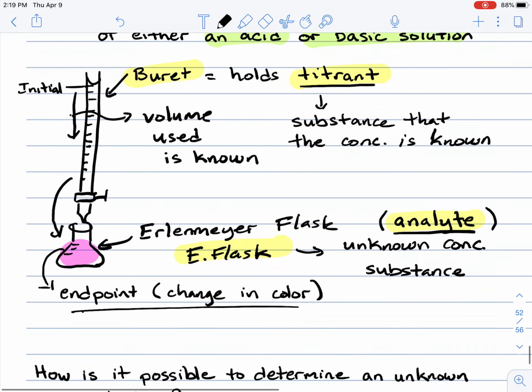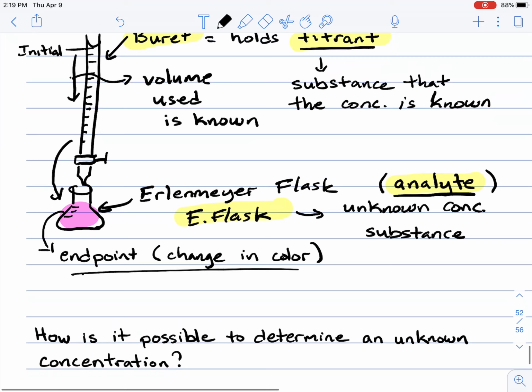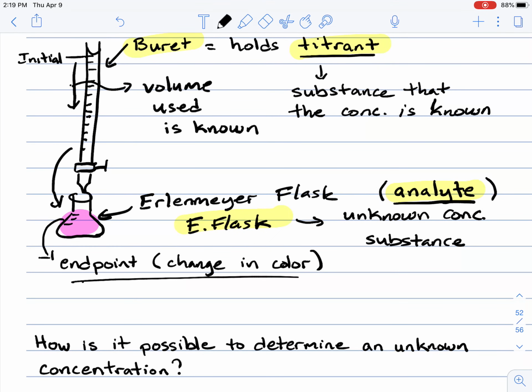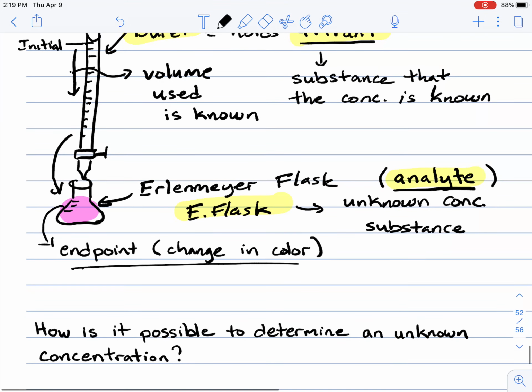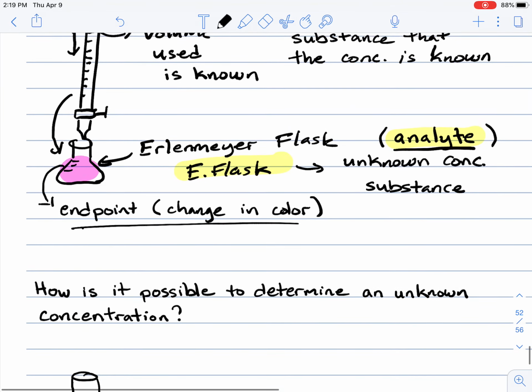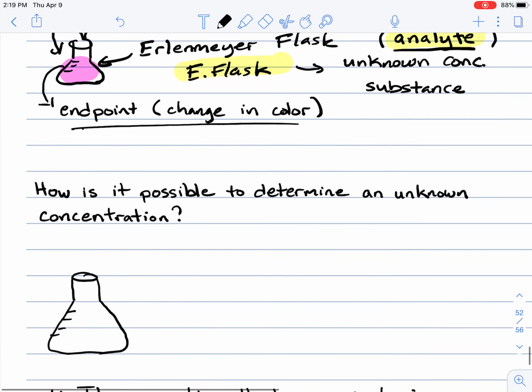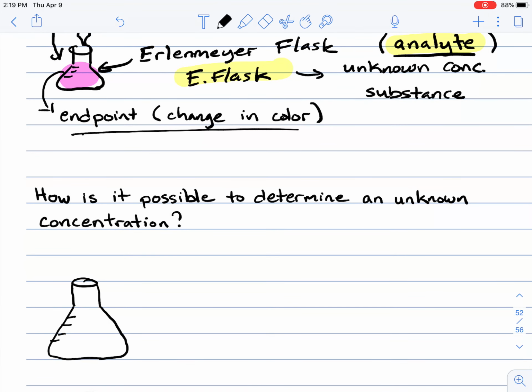All right. Now that we've reviewed the general pieces and terminology of titrations, let's go ahead and address this question: how is it possible to determine the concentration of an unknown substance? For us to address this, let's take a step back. Concentration in chemistry refers to the molarity of the solution.